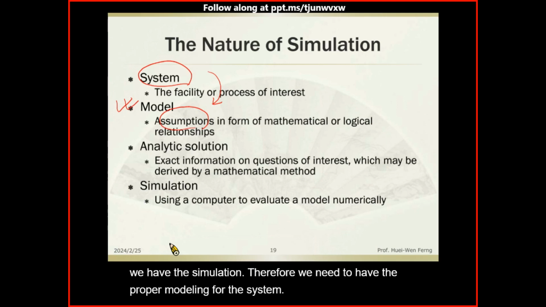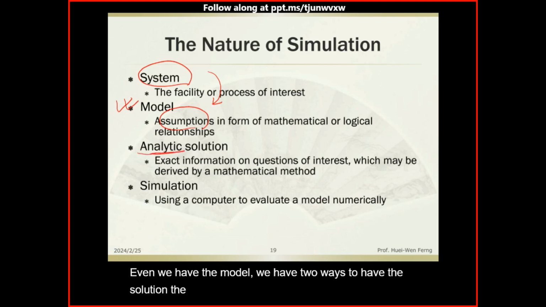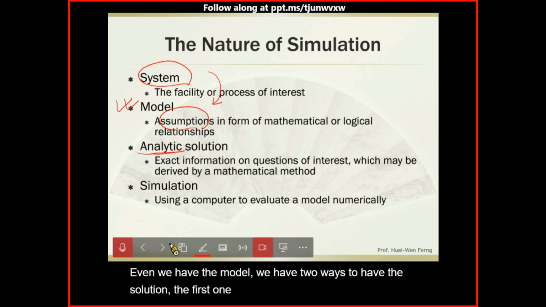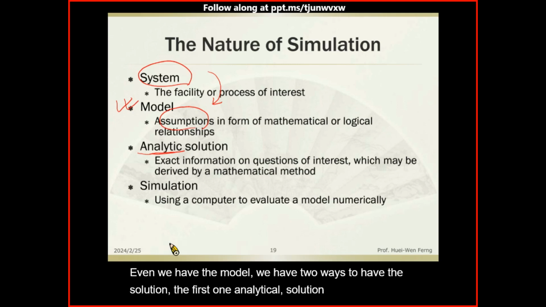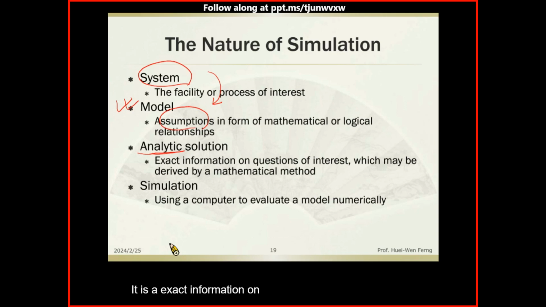Well, even when we have the model, we have two ways to get the solution. The first one is the analytical solution. The analytical solution is the exact information on the questions you study or the model you study.